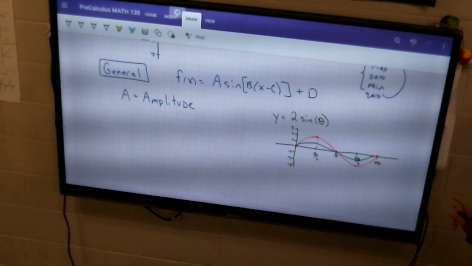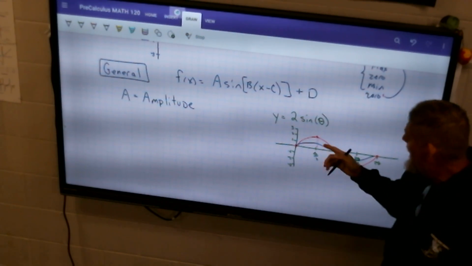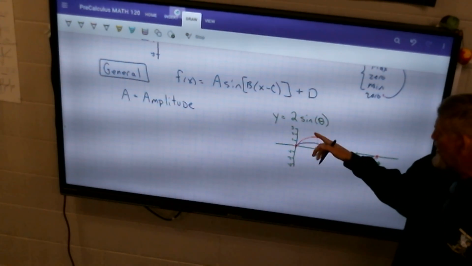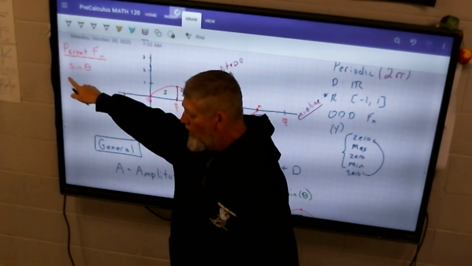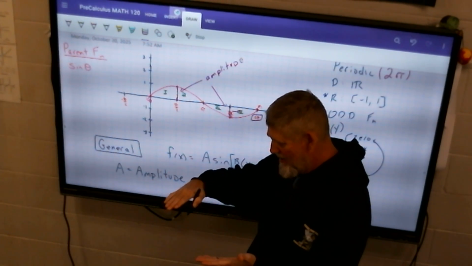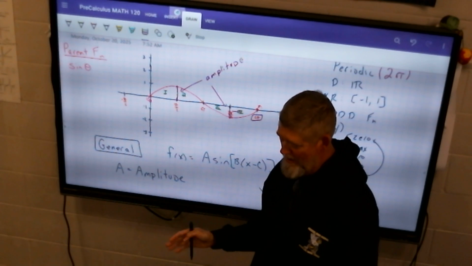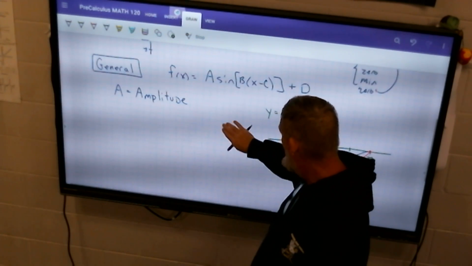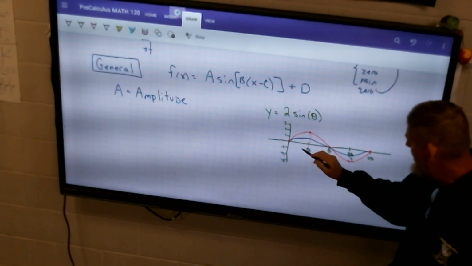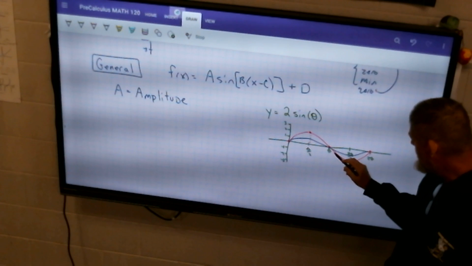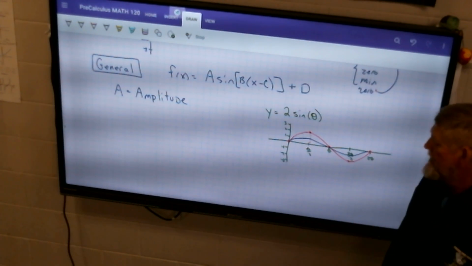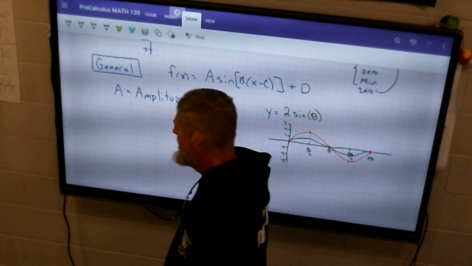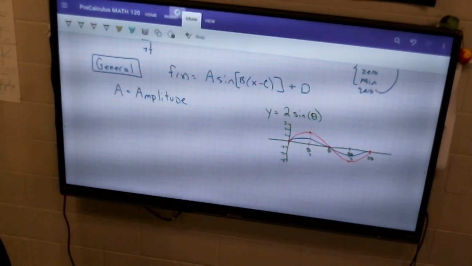Well, of course. How would I compress it? Because normally the amplitude is 1. So what would compress it down? A number less than that. So if I made it 1/2, now it goes from 0 to 1/2 to 0 to negative 1/2. So just push it down. But there's one other thing it could do.